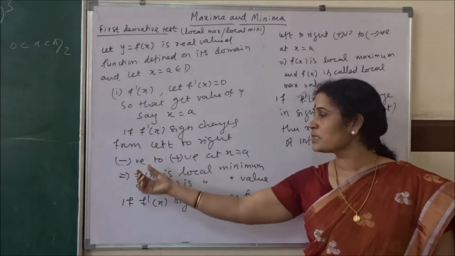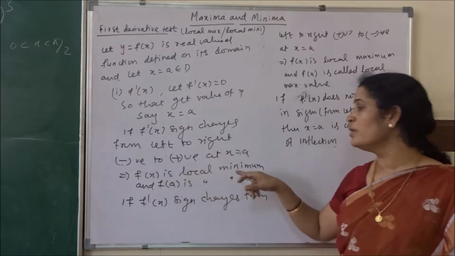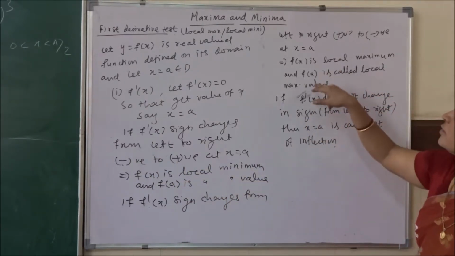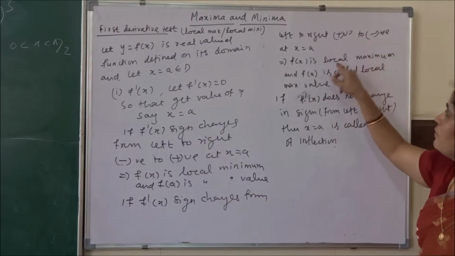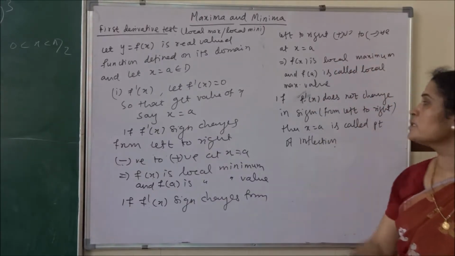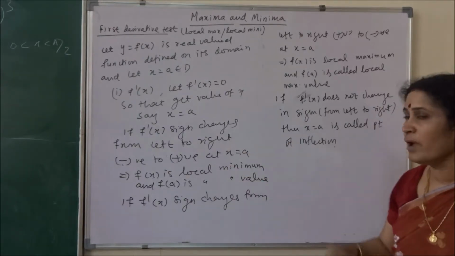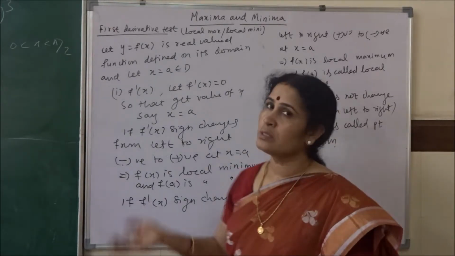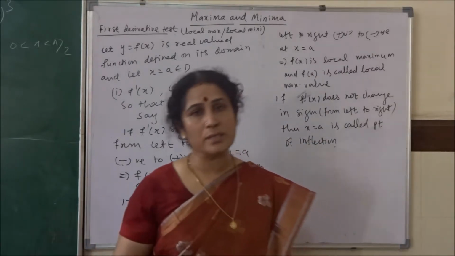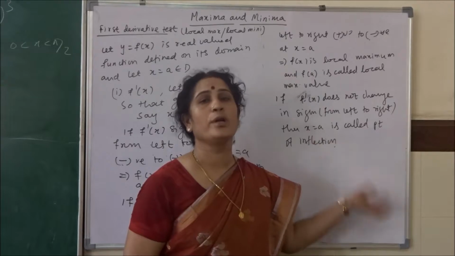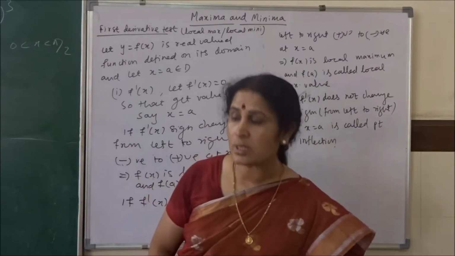If f dash of x sign changes from negative to positive, we say local minimum. And at the same point, if f dash of x changes from positive to negative, then we say local maximum. If there is no change in sign, meaning positive, positive, left side is also positive and right side is also positive, or suppose left side is negative and right side is also negative, we say that is a point of inflection. Clear to you? This is the definition.